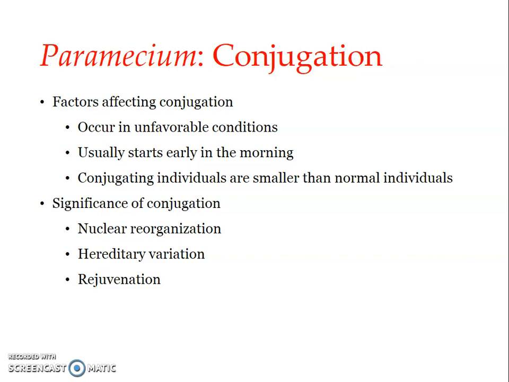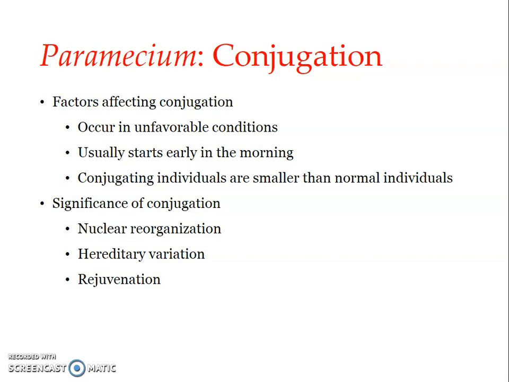Then we can see there is hereditary variation which is developed in the daughter individuals produced. That is, during asexual reproduction by fission, the hereditary material of the parent is passed to the daughter paramecia unchanged. No variation is developed during the asexual mode of reproduction.